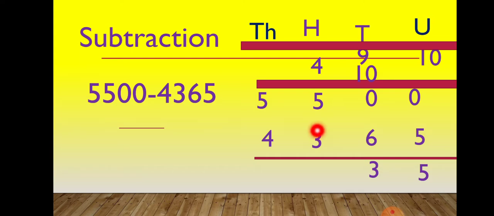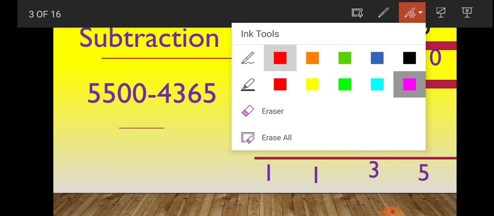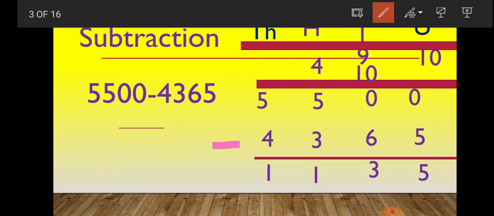Now subtract 300 from 400. How many remain? 100. And subtract 4000 from 5000. How many remain? 1000. Means when you subtract 4365 from 5500, how many remain? 1135.